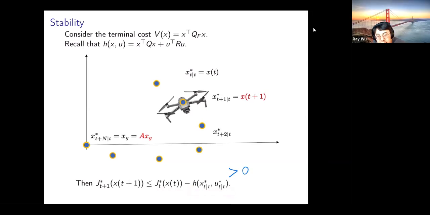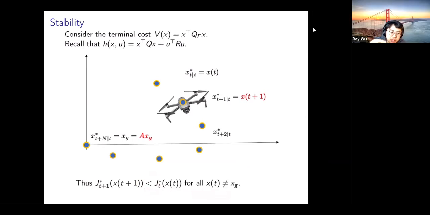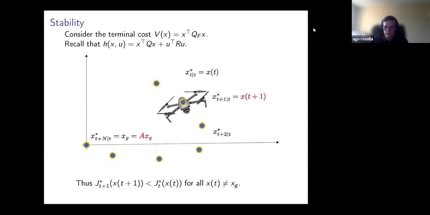So this quantity is going to be strictly greater than 0, and we can relax this inequality to a strict inequality. And then you can keep lowering J star, minimizing J star, if you keep driving it to the origin until you reach there, in which case you will get a 0 J star.